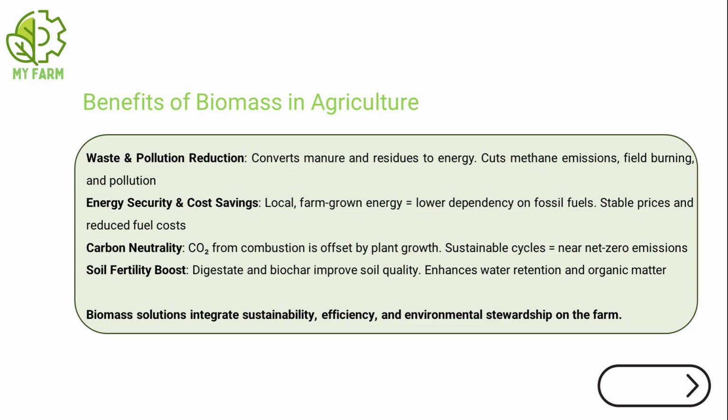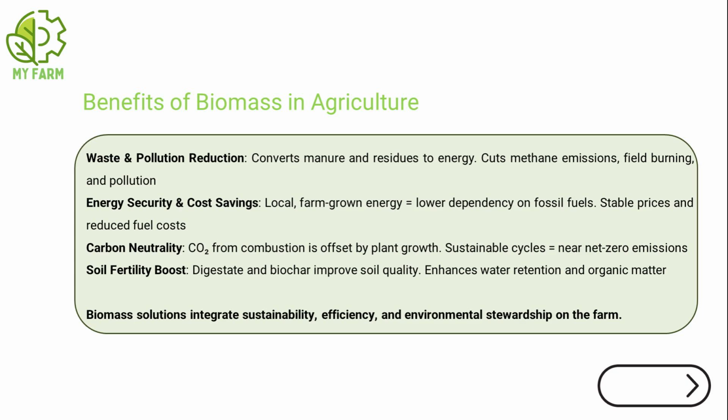Together, these technologies create a comprehensive and self-sustaining energy system, one where heat, power, and fuel all originate from renewable, on-farm sources. This not only diversifies the farm's energy portfolio but also builds resilience against volatile fuel prices and power disruptions. Beyond economics, the environmental benefits are profound.